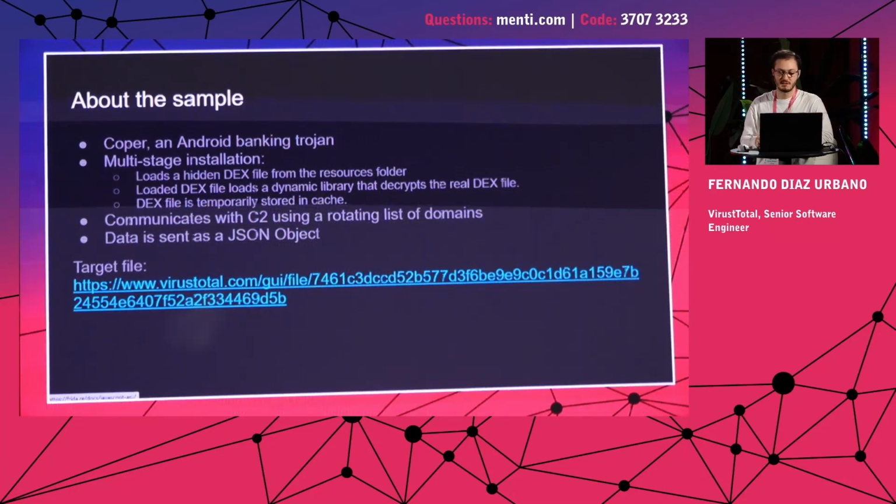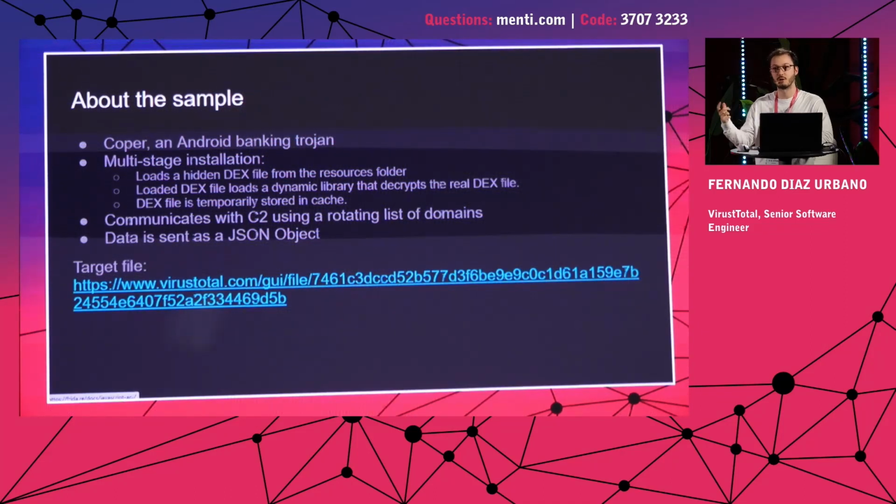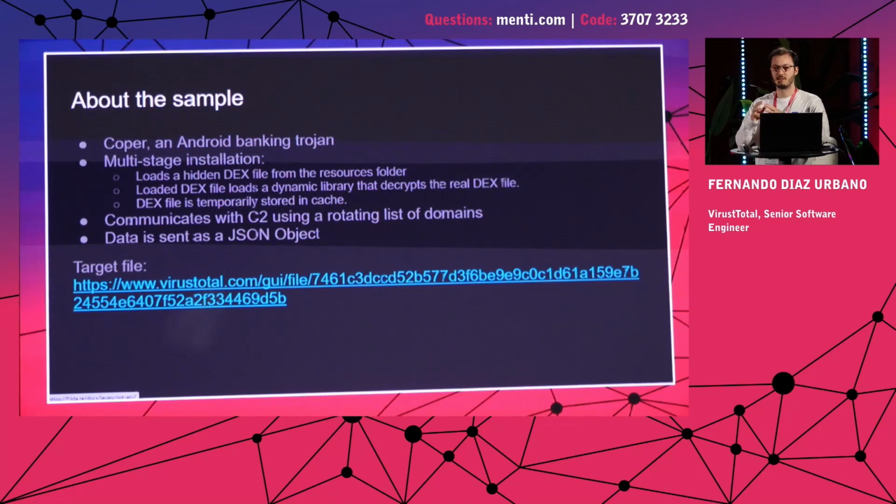The sample that we are going to work with is Copper. It is an Android banking malware evolved from Exobot, and it is a multi-stage setup. I chose this malware because we are going to have to instrument native code and also Android code. I'm of course not going to reverse engineer the whole thing.